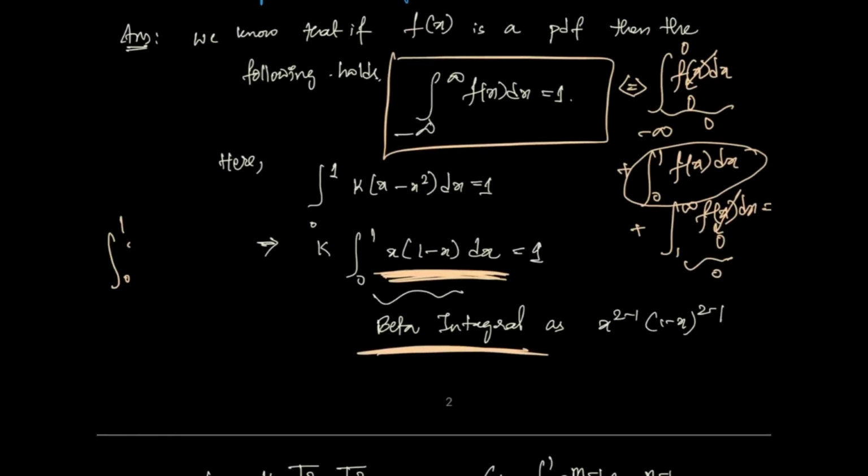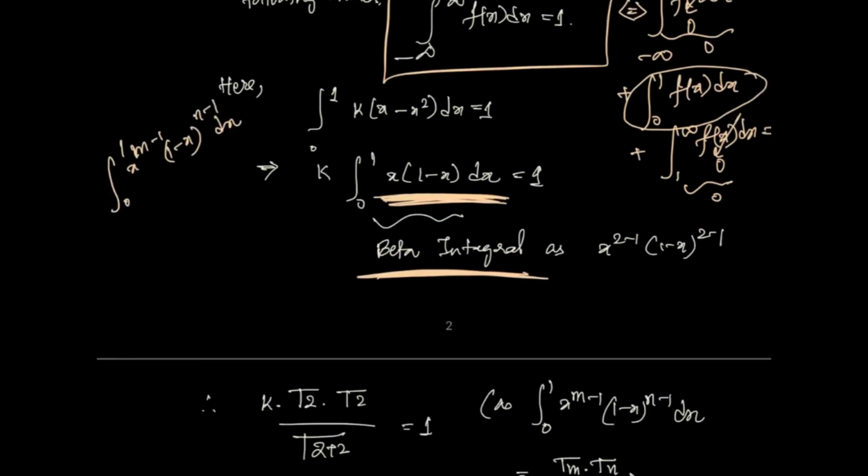The beta integral is in this form: the integral of x to the power m minus 1 times (1 minus x) to the power n minus 1 dx used to be gamma m times gamma n by gamma (m plus n), where gamma n is nothing but (n minus 1) factorial, if I'm not wrong. So this is the value of this integral.